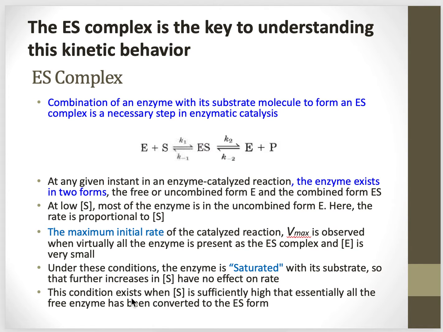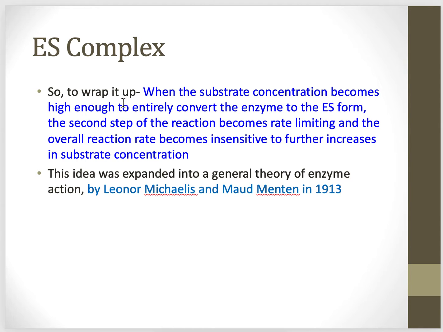This condition exists when substrate concentration is sufficiently high that essentially all the free enzyme has been converted to the ES form. So if we wrap up this assumption, we can say it this way: when the substrate concentration becomes high enough to entirely convert the enzyme to the ES form, the second step of the reaction becomes rate limiting, and the overall reaction rate becomes insensitive to further increases in substrate concentration.